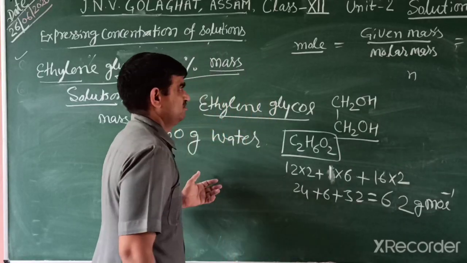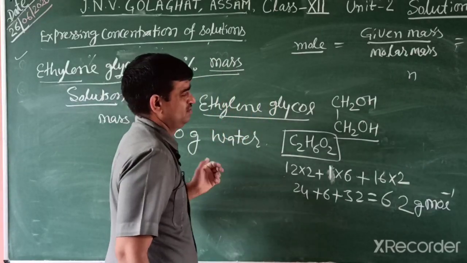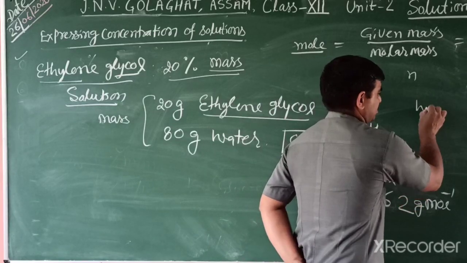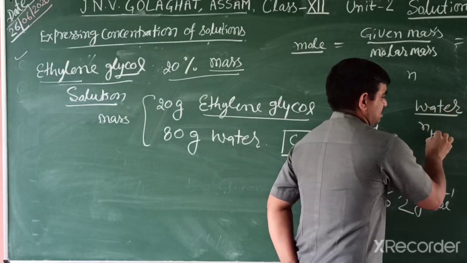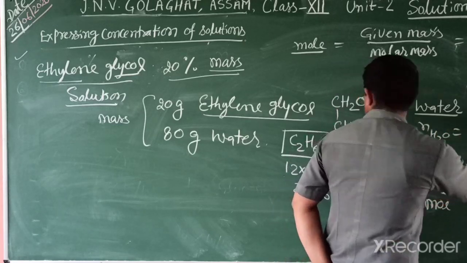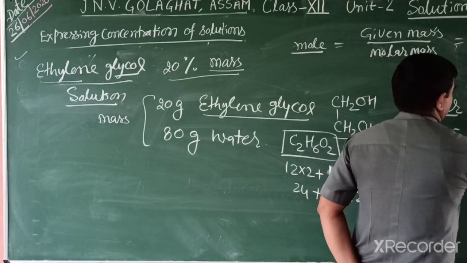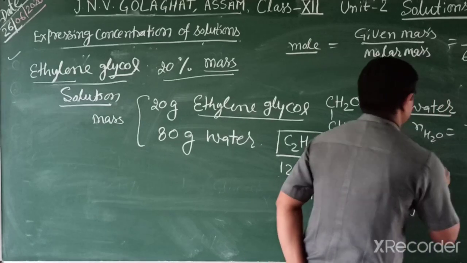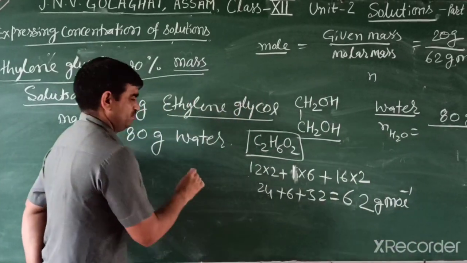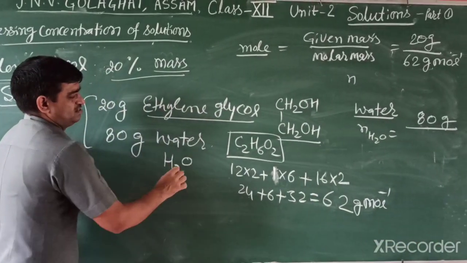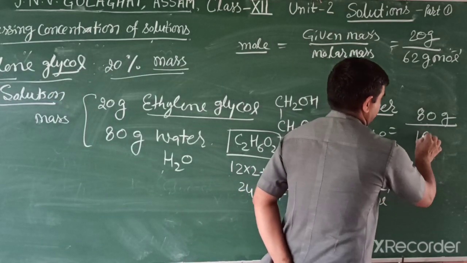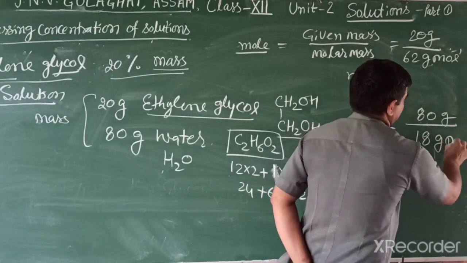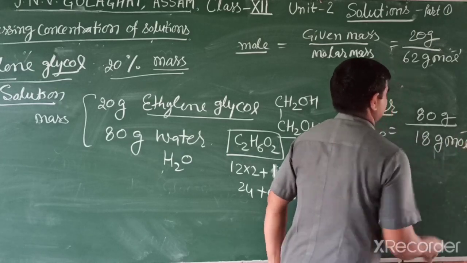And for water, how can we identify? Mole of water is equal to given mass, 80 gram, divided by water molar mass. The mass of water is 2 plus 16, 18 gram mole inverse, as you all know.